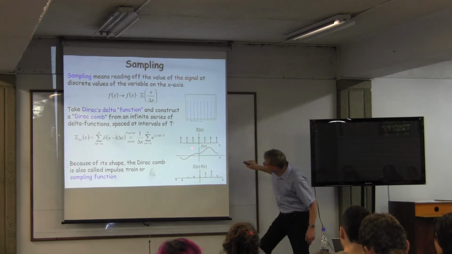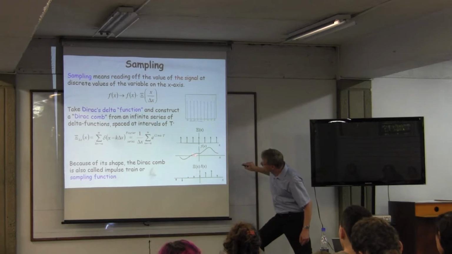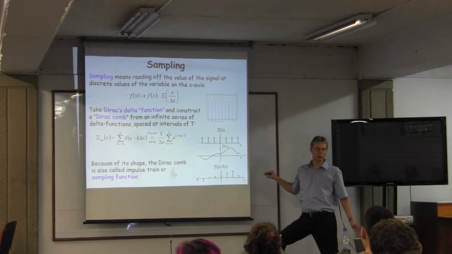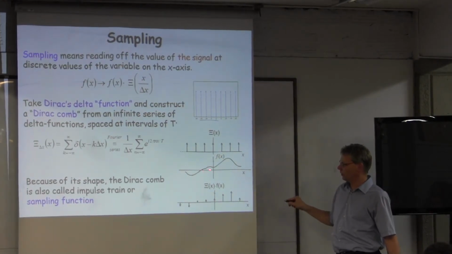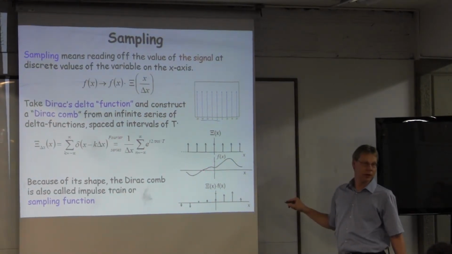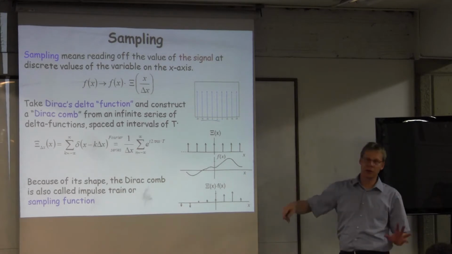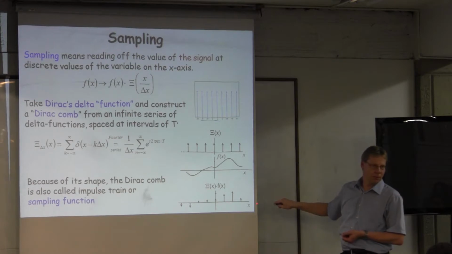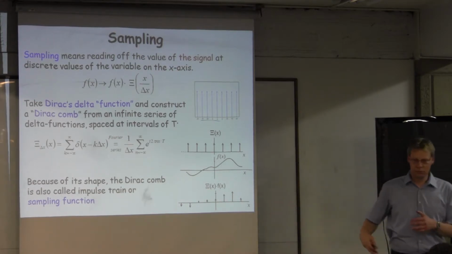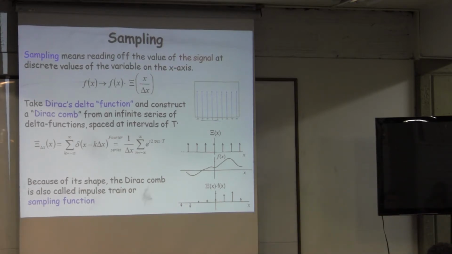Because, as you can see, there is a little wiggle here that will be lost. You will never be able, from your instrument, to tell that there was something there. In other words, talking in frequency space, there is a high frequency feature above our sampling frequency, and therefore we lose that information.